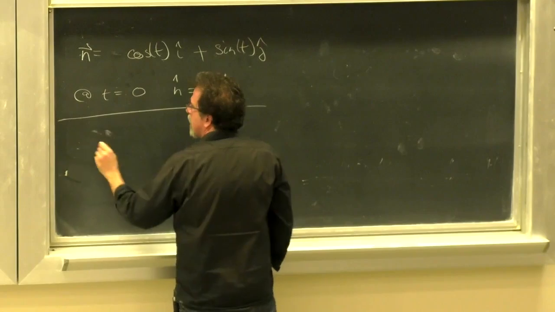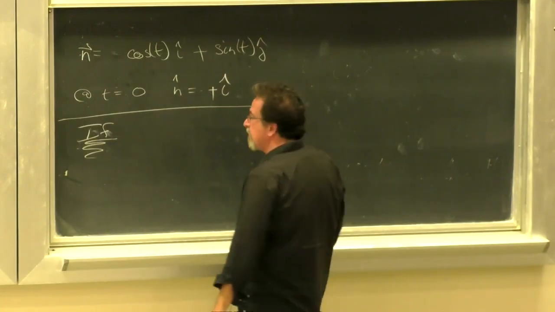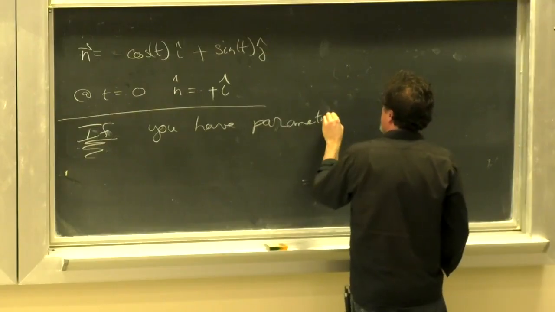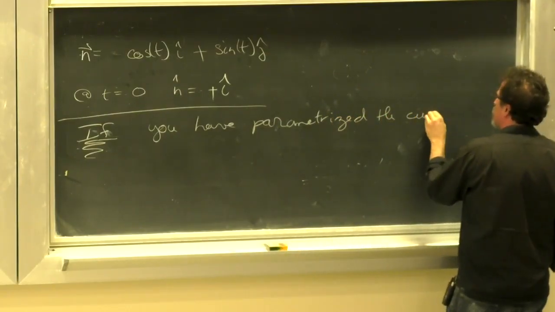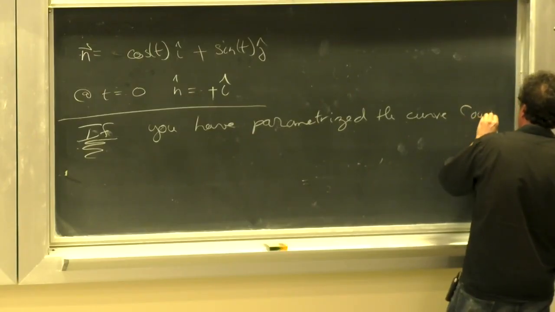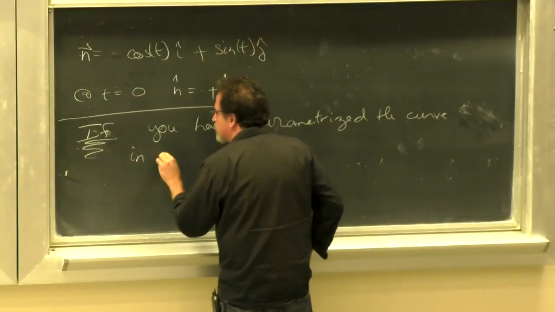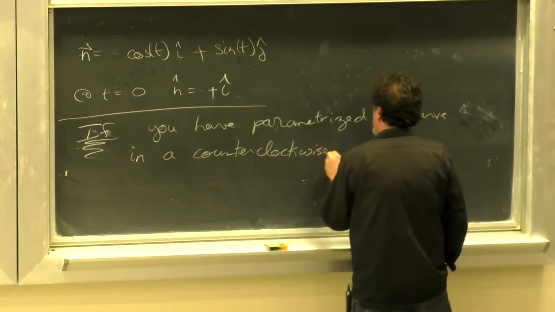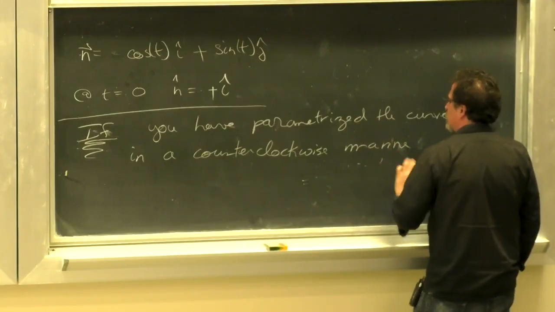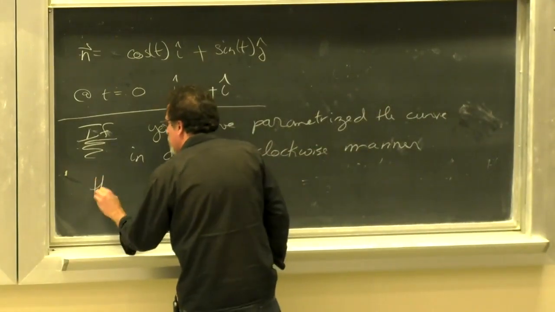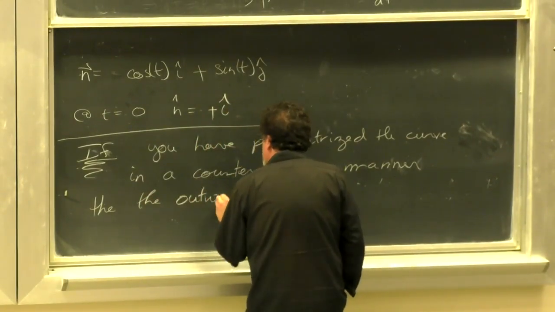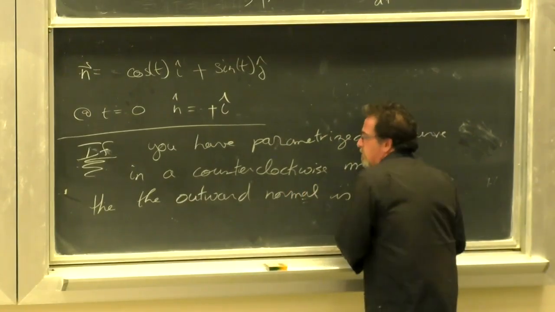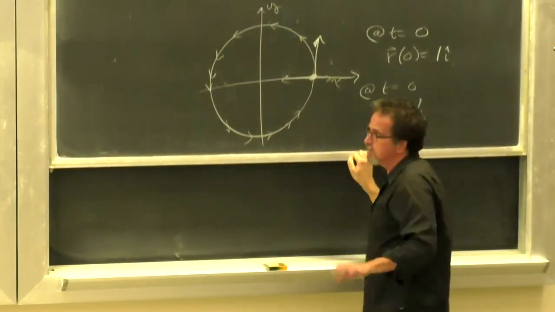And so, this is what we're learning from this: if you have parametrized the curve in a counterclockwise manner, then the outward normal is, stay on this board.